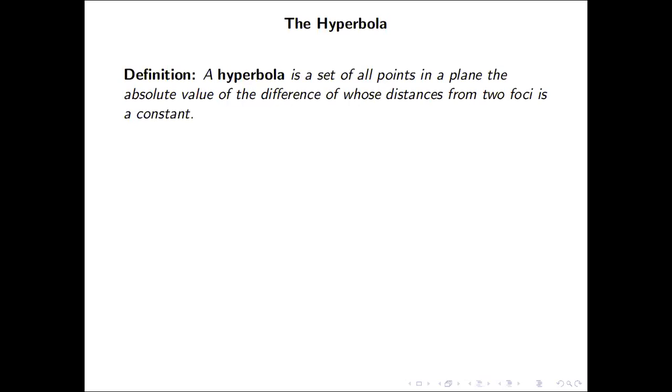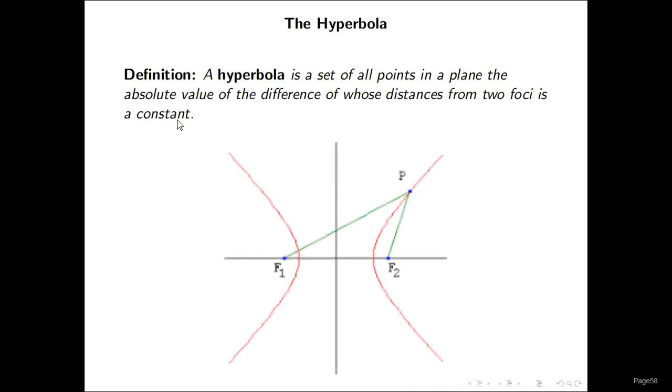A hyperbola is a set of all points in a plane, the absolute value of the difference of whose distances from two foci, two fixed points, is a constant. Okay, so let's just see that with the figure here. So here are the two fixed points, the foci, and this is the hyperbola.